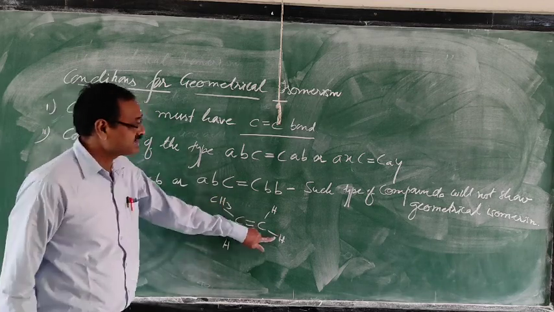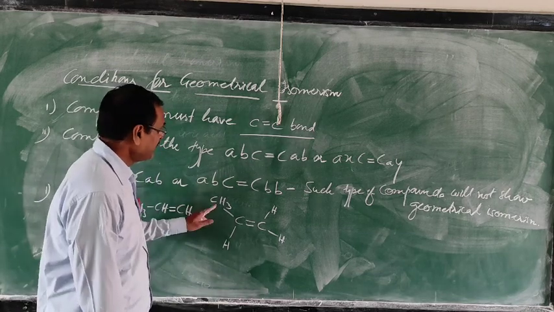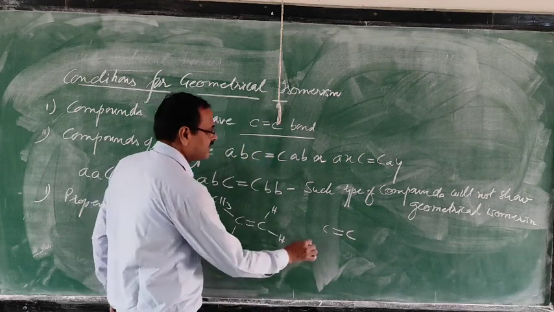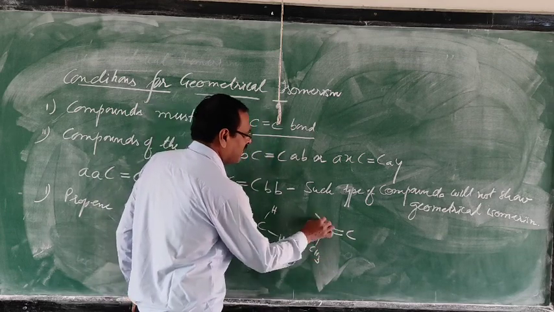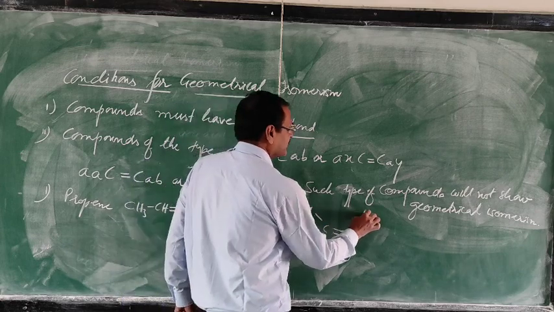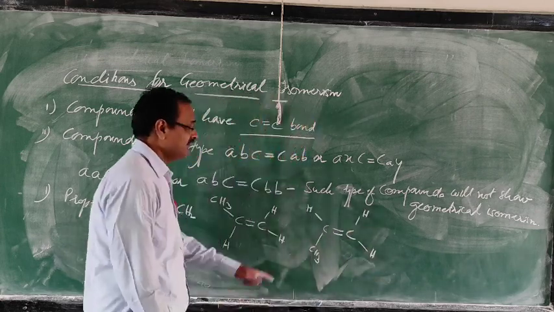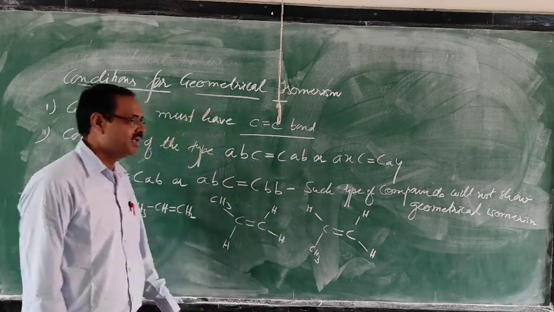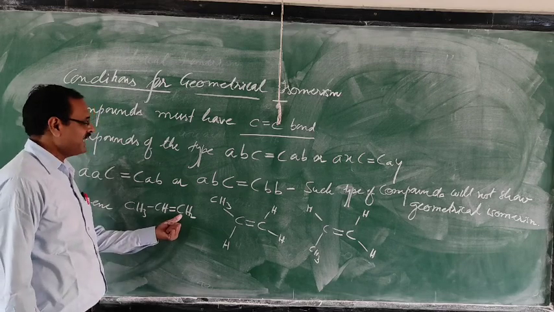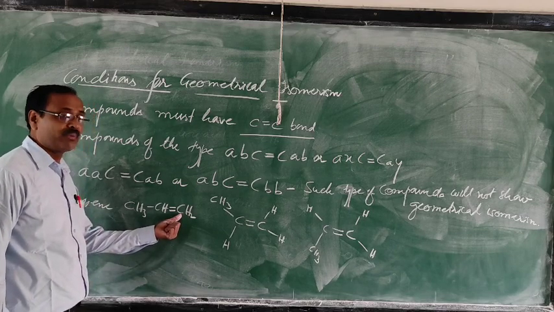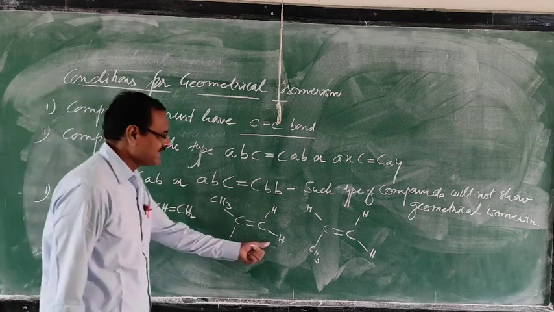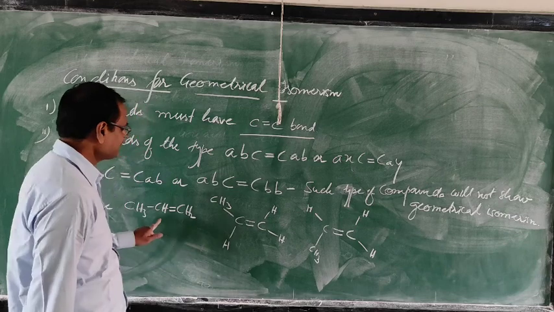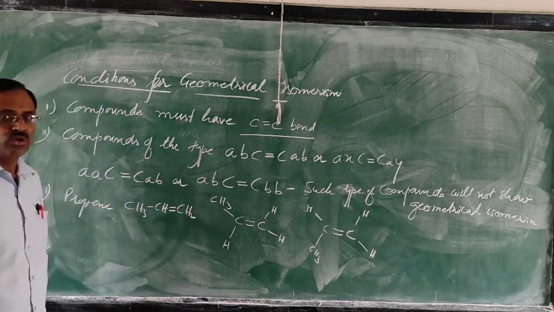If you are thinking cis, so just you see, I will take this one here, CH3 and H here. Again it becomes cis. So here cis-trans is not possible if the atoms or groups bonded to the carbon-carbon double bond are both the same. Because in both cases you cannot differentiate which one is cis and which one is trans.